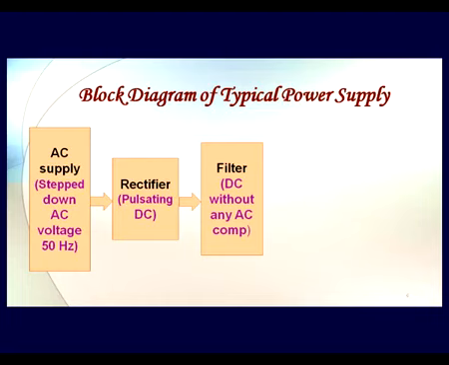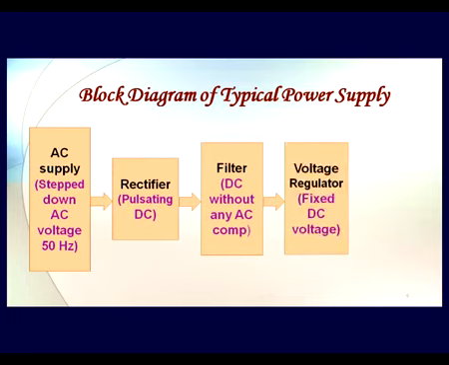That AC component is filtered out by a circuit called a filter, and then we subject the filtered output to a voltage regulator which gives a fixed DC voltage of our requirement, which we can connect to our load. So this is the block diagram of a typical power supply which you should engrave in your mind.